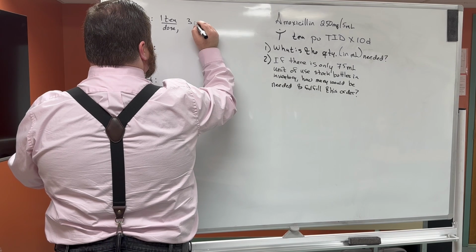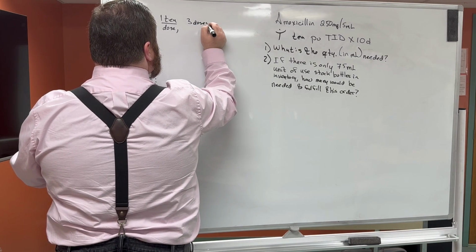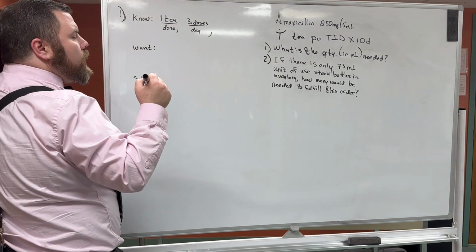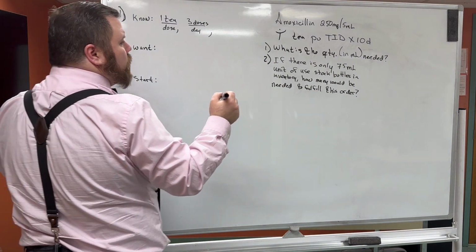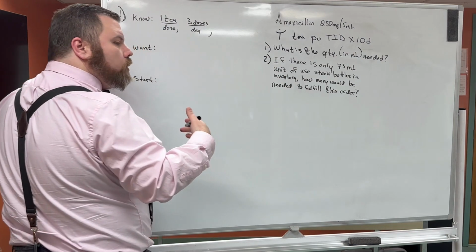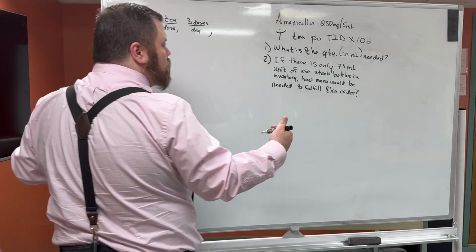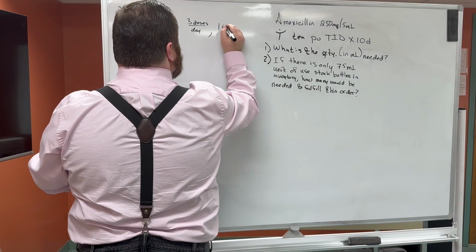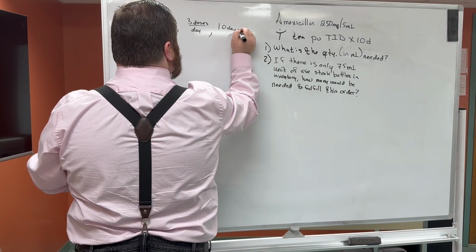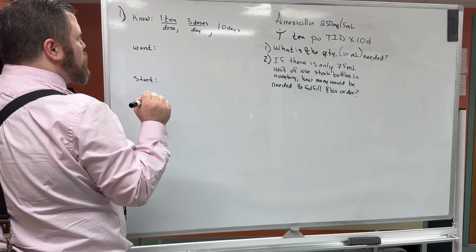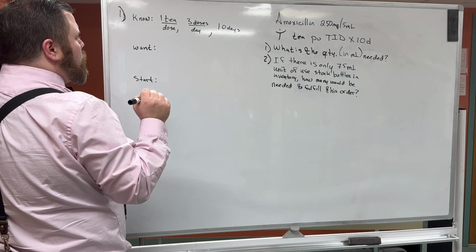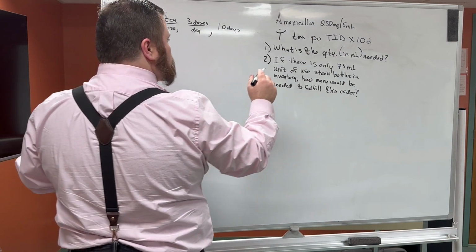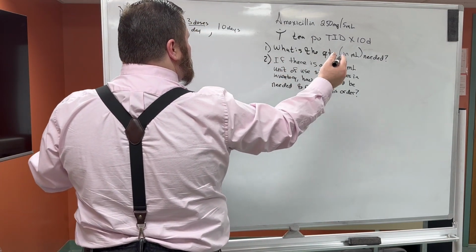So 3 doses per day. And then the last piece of information we have here is for how long? How long is the patient taking this medication? Well, they're taking it for 10 days. So 10 days.